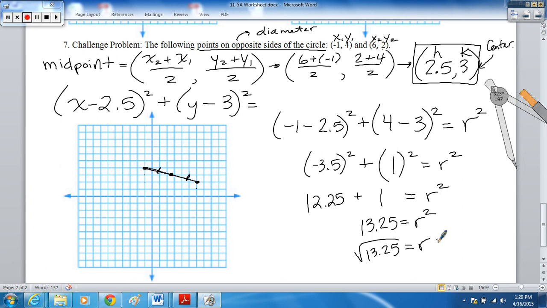Now remember, if we're looking for the radius squared to plug into our equation up here, I can just plug in this number right here. Now I do need an approximation in order to graph this, and so the square root of 13.25 is equal to 3.6 approximately.